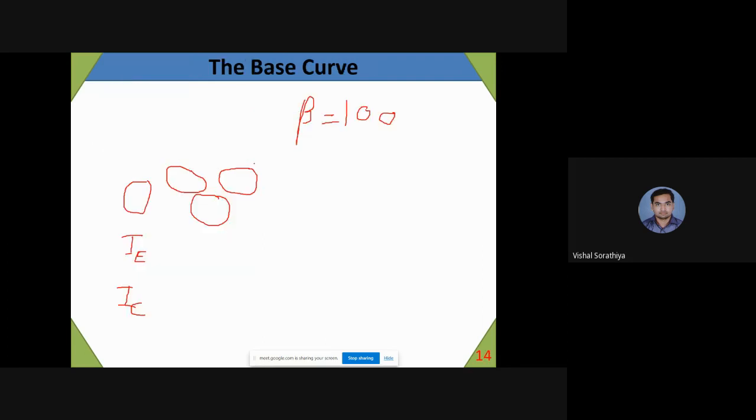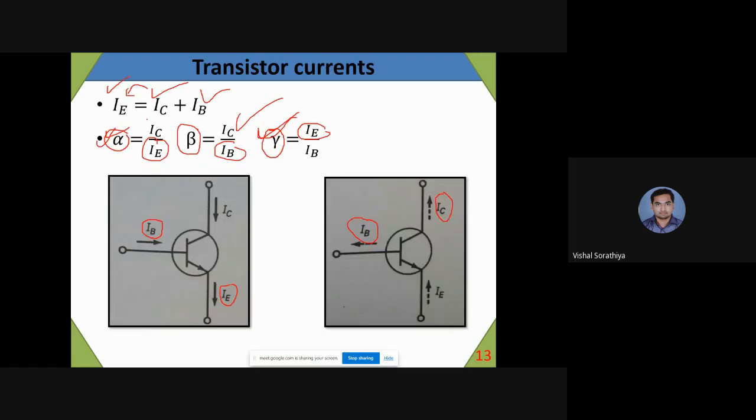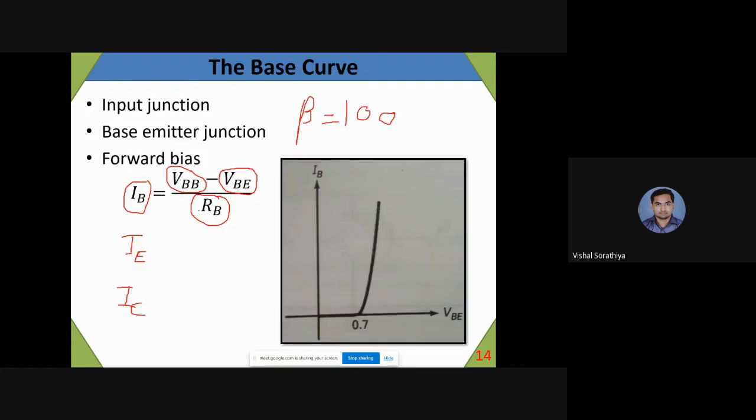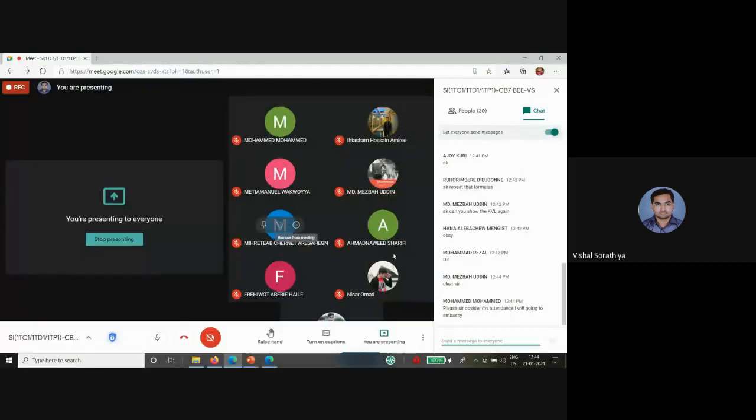So if you have a beta with one of the currents, then by using this IE equation and this IB equation, you can find the rest of the terminals also. Is it okay? Those who have a doubt about this formula?